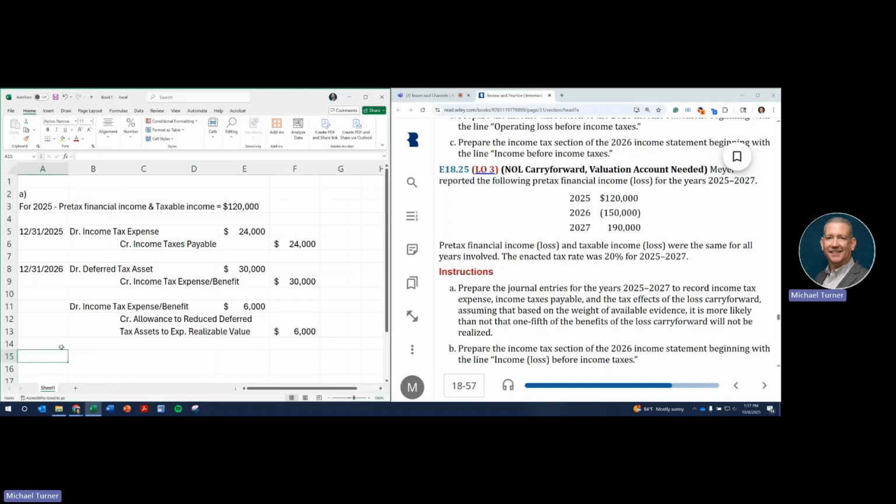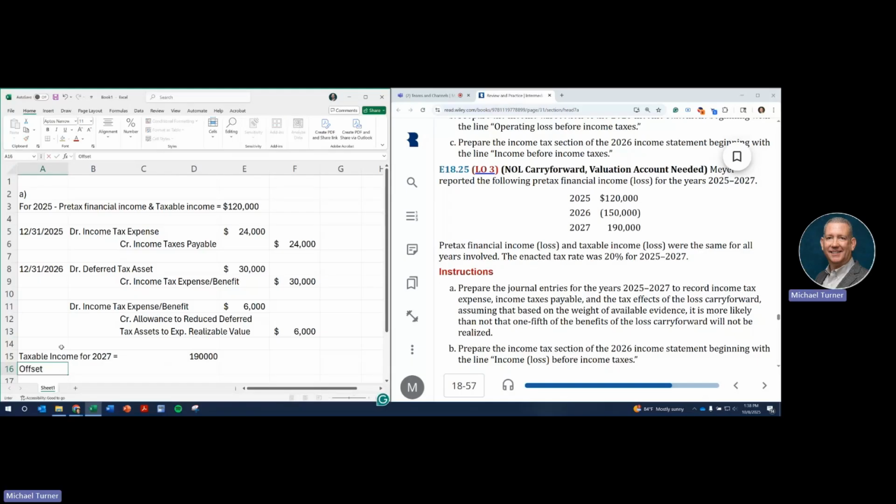So let's do a quick calculation here. We had a carry forward of $150,000 tax loss. Let's see, taxable income for 2027, and that was given to us in the problem at $190,000.